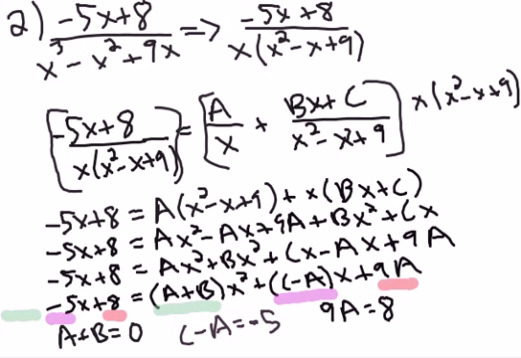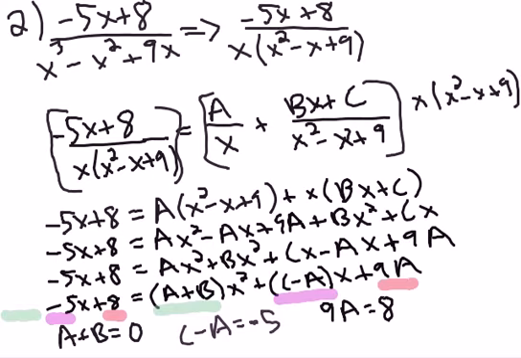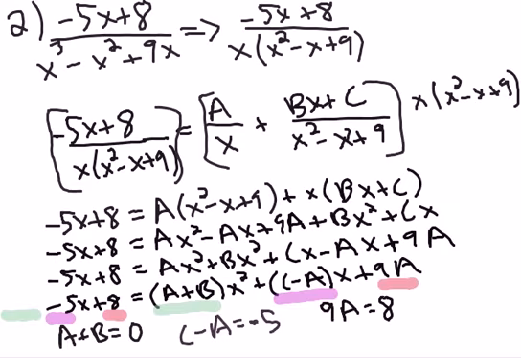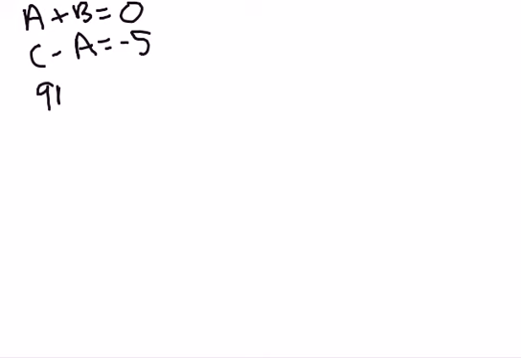So we have a plus b equals 0. We have c minus a equals -5. And then 9a equals 8. Okay, so this one here will already reveal that a is 8 over 9.